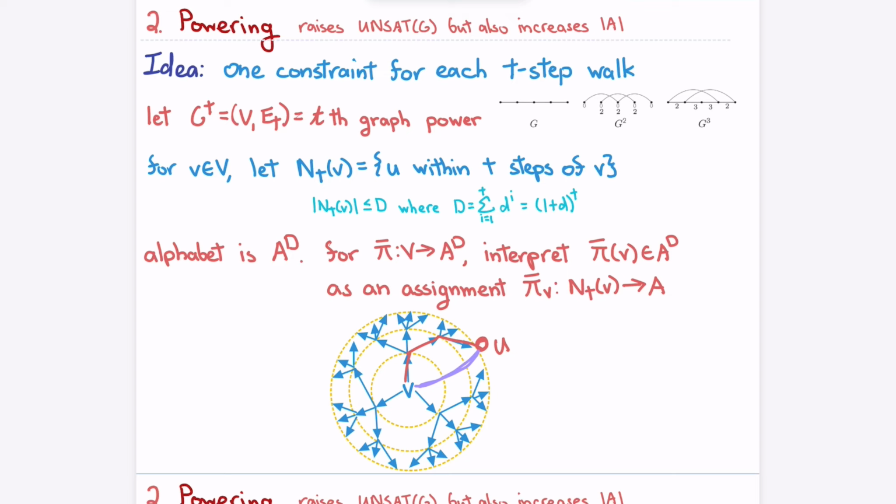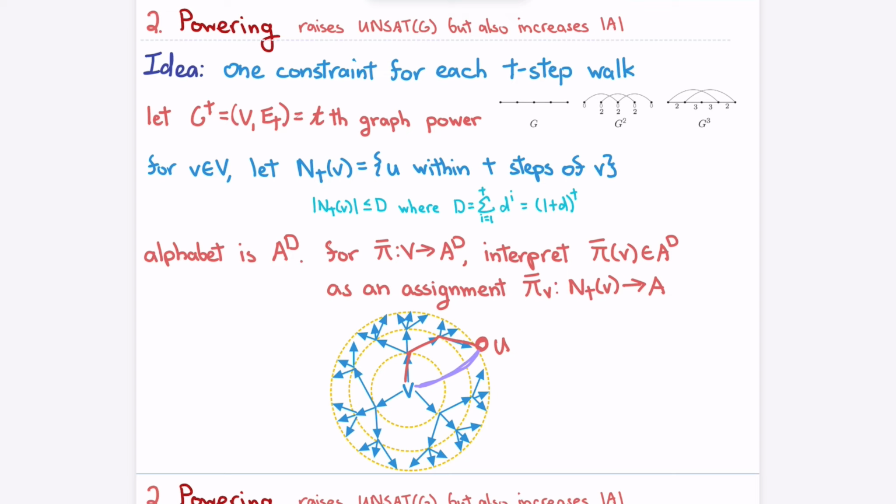The idea is this constraint is only going to be satisfied if the letters that V effectively assigns to these vertices, those remaining 27 letters, satisfy each of these individually. And same with U. U will also have its own labeling of these edges, and satisfies all of these simultaneously.